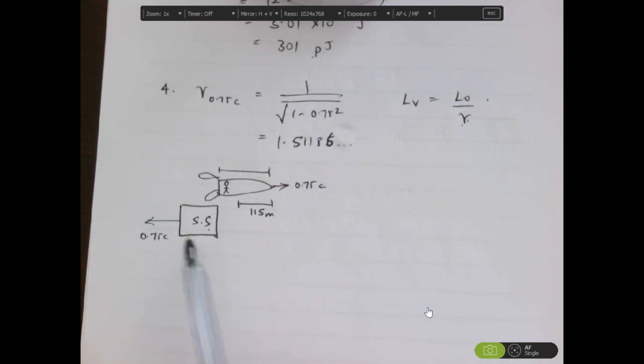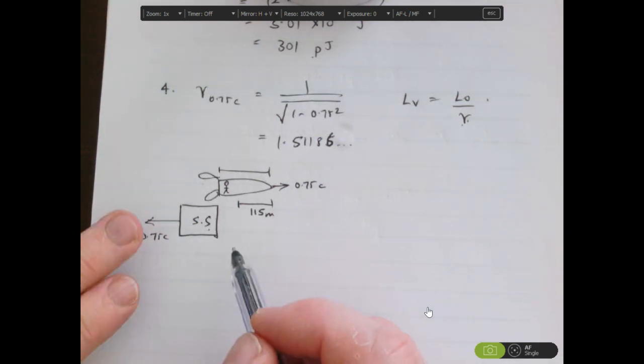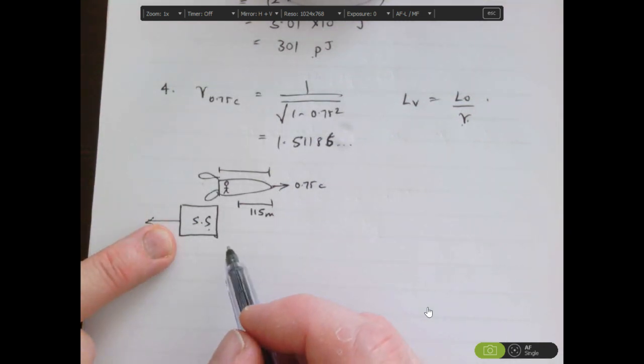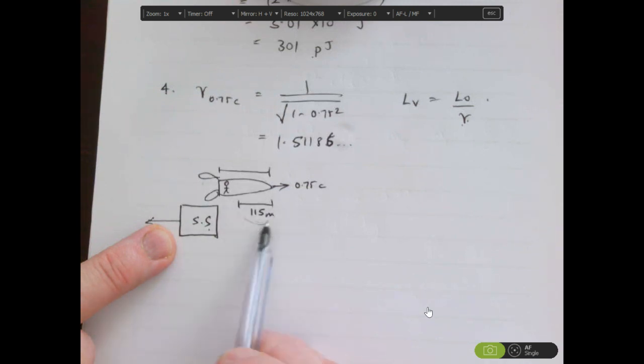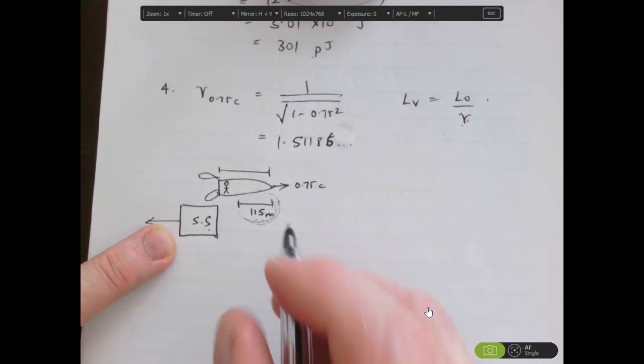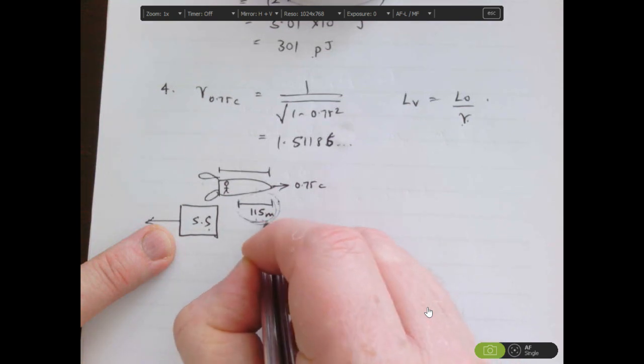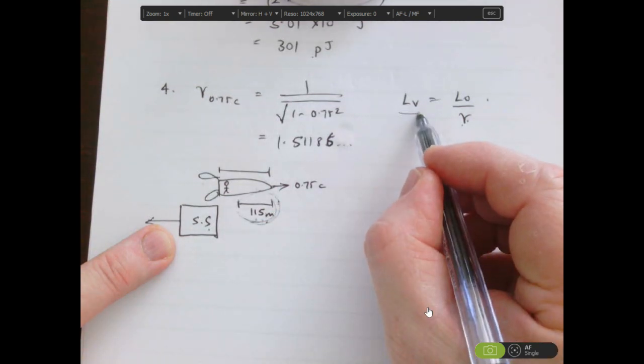The space station is going to be considered to be stationary, and therefore they will see a shorter length because of length contraction than its proper length. So this 115 is the length at velocity.